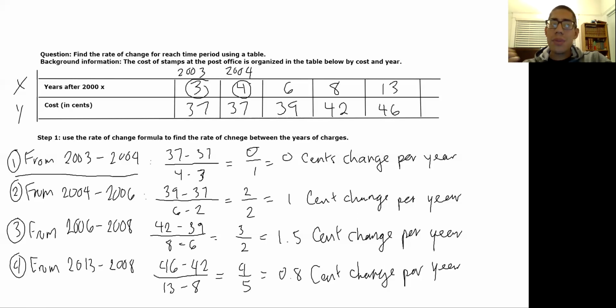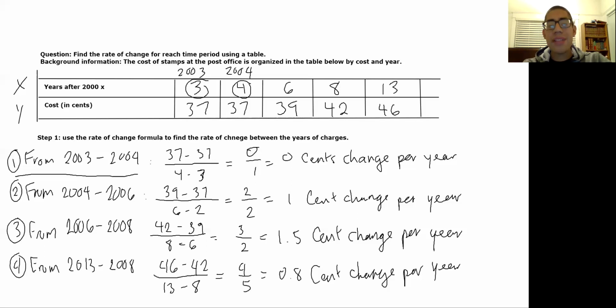And even though the answer would still be 0, I would be saying that there's no change in a negative year, and that doesn't make any sense. So you do have to put the larger number first, generally speaking, and this is going to be important for the slope formula that we're going to work on later.